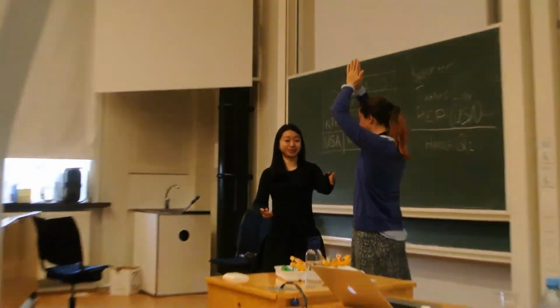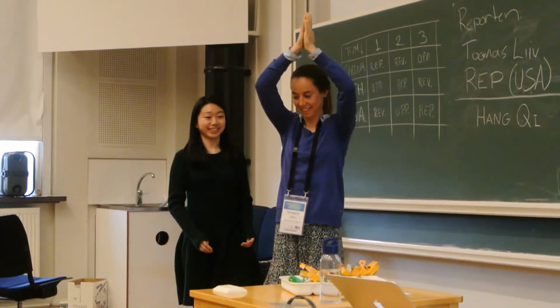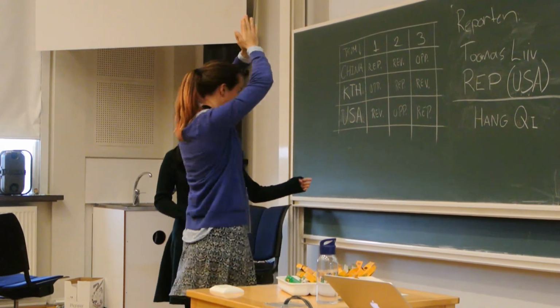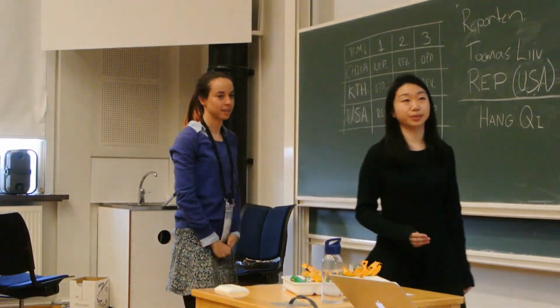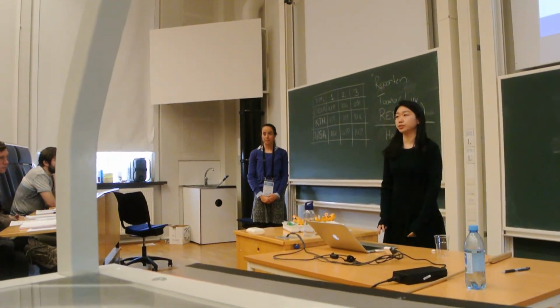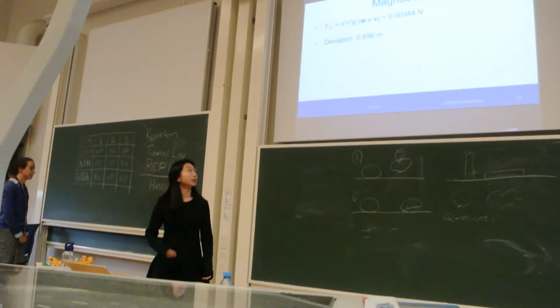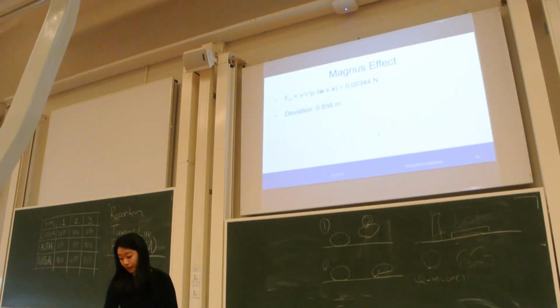So the arrow moves this way. Due to the pressure difference, the arrow will move away from the usual trajectory. And here is the equation to calculate the magnitude of the Magnus effect, which would be about 0.656 meters.